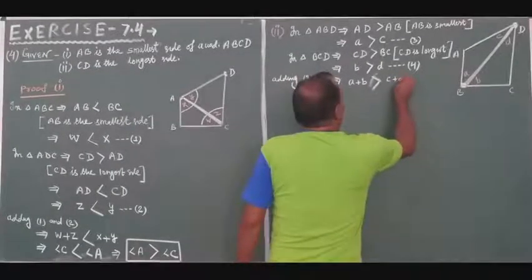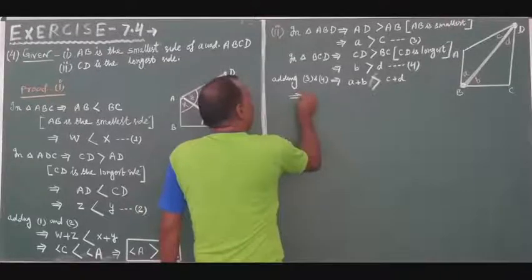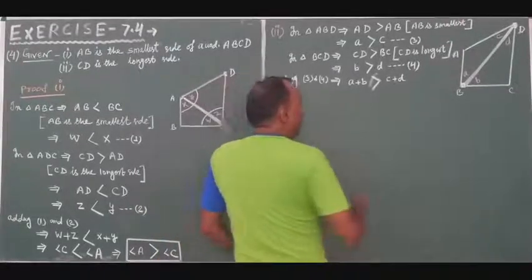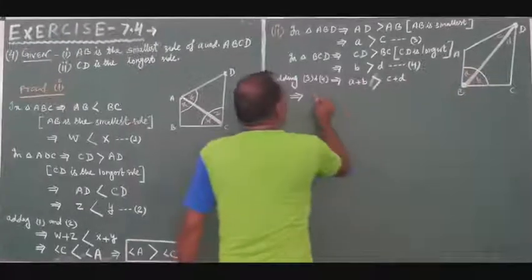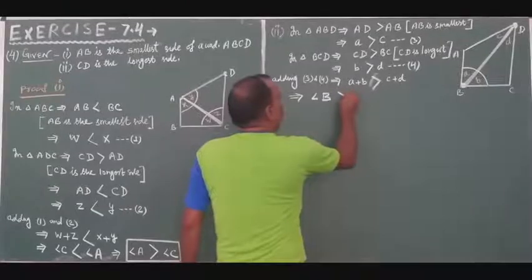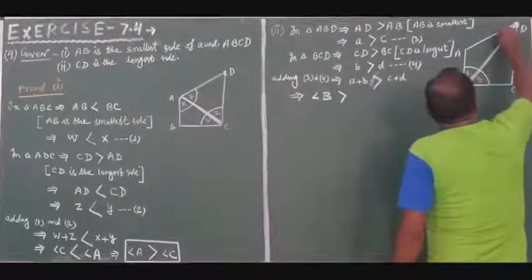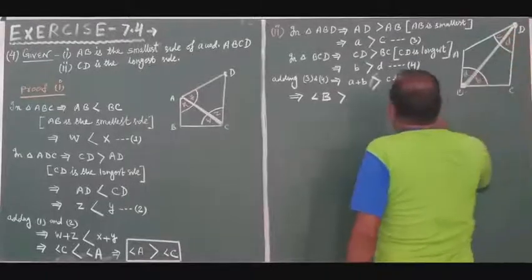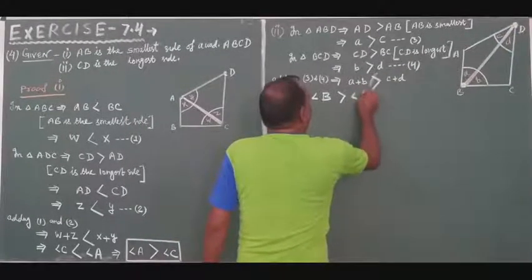C plus D. And therefore, what is A plus B? This angle B greater than C plus D is this angle, and this angle is angle D.